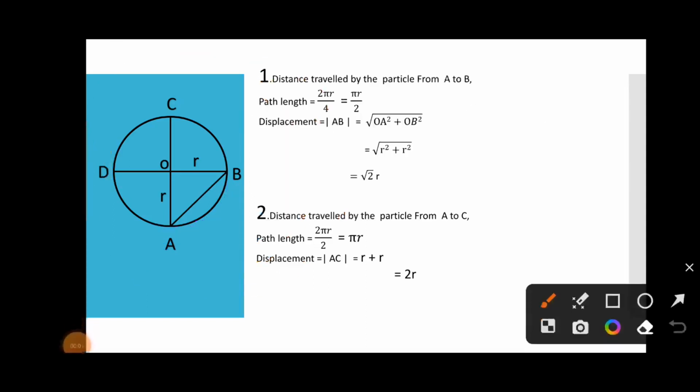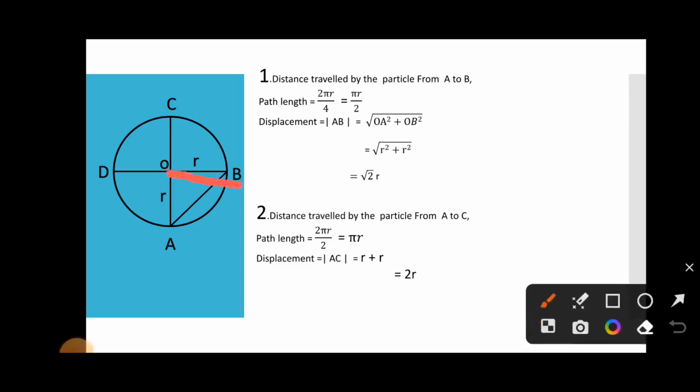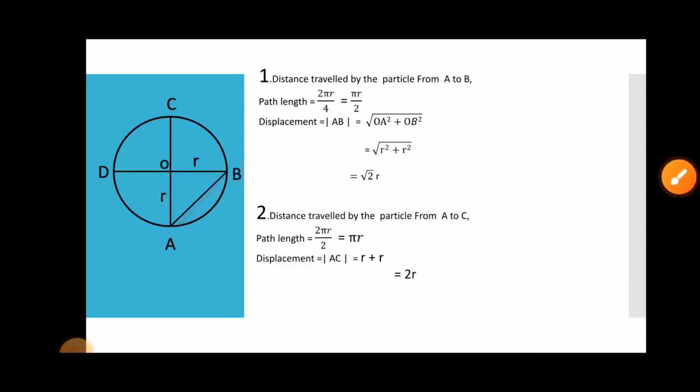So the distance travelled by the particle from A to B, for this we consider this triangle. For that, the path length is equal to 2 pi r divided by 4. Why 2 pi r?